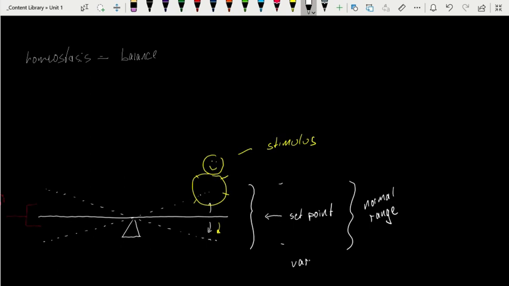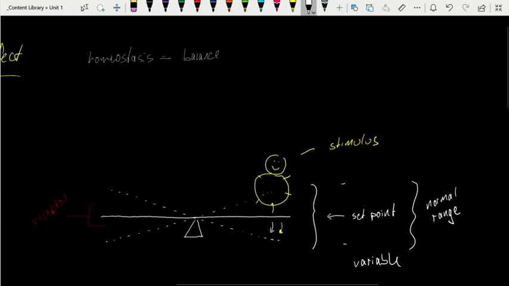The variable is simply the thing that can change. And in this case, the teeter-totter's position represents the variable. Over here now we have the receptor, and the receptor can tell if the teeter-totter moves up or if the teeter-totter moves down. That's its job, is to determine and analyze the change in the variable.